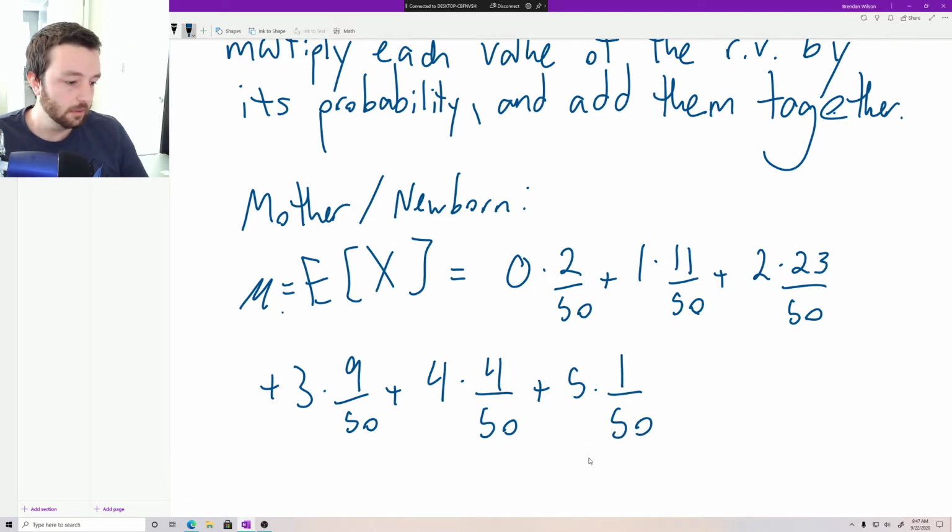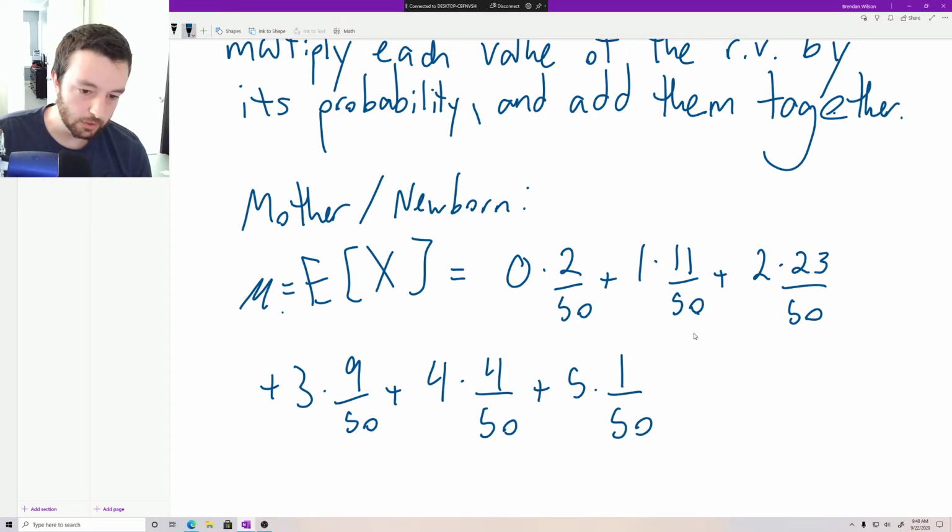All right, you can just do this in your calculator. First one is 0. You have 11 over 50 plus 2 times 23 over 50 plus that's going to be 27 over 50 plus 16 over 50 if you just multiply the numerators, plus 5 divided by 50.